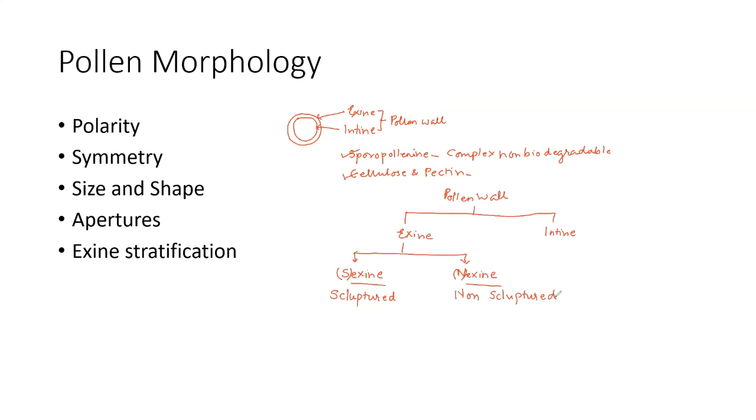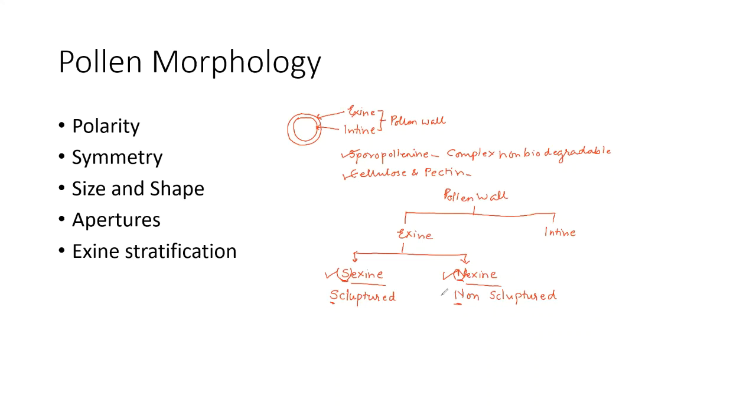As far as the exine is concerned, it is differentiated into two layers, outer sexine and inner nexine. In sexine, S stands for sculptured, which means it shows ornamentations. It shows different kinds of depositions. Whereas in case of nexine, the N stands for non-sculptured.